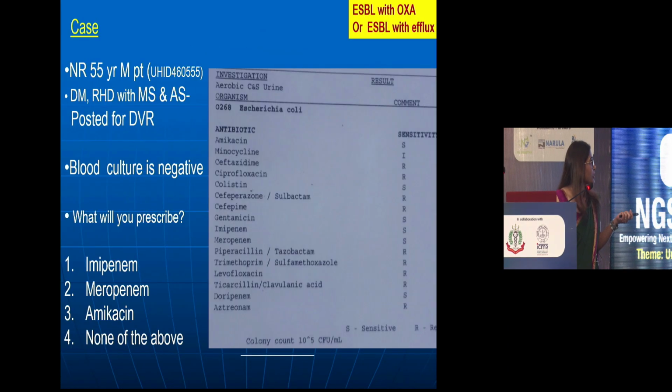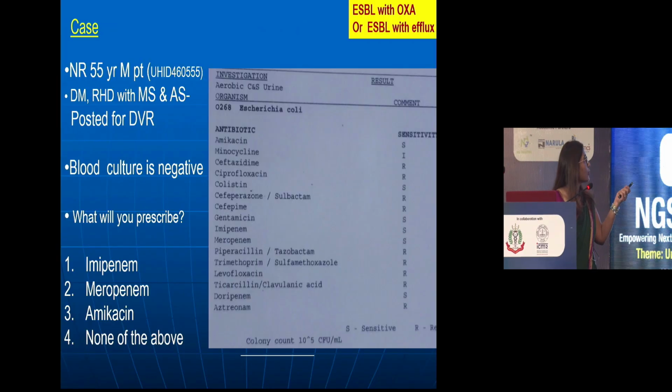Whenever there is a positive culture, like in this patient, who is a diabetic planned for surgery, has a negative blood culture but a positive urine culture with E. coli, and this is an ESBL with an additional mechanism of resistance, because there is resistance to the third generation cephalosporins, as we can see.